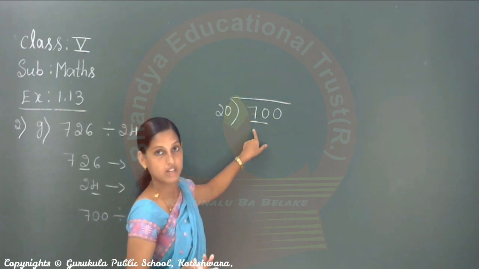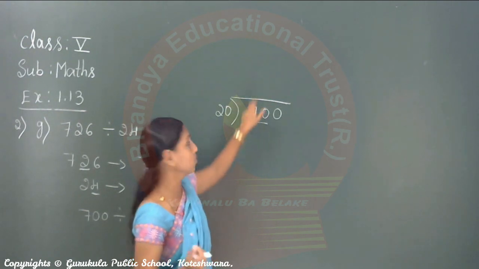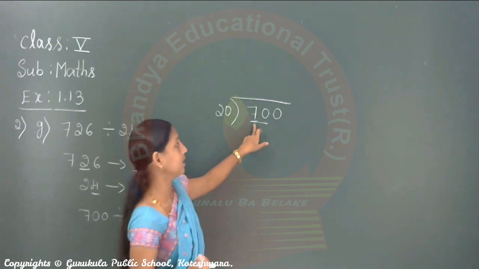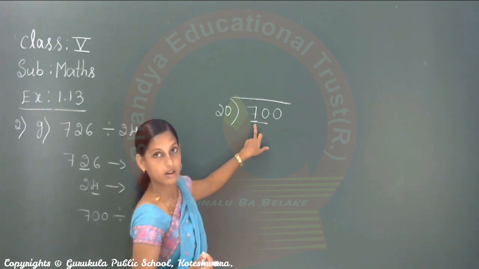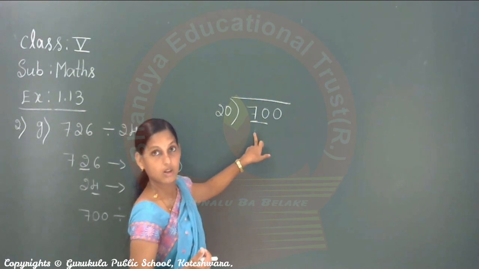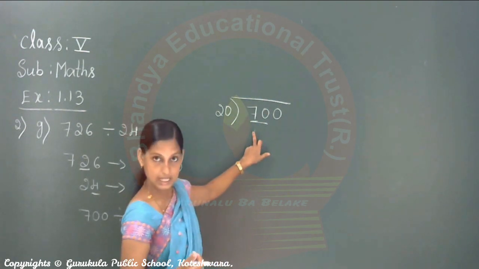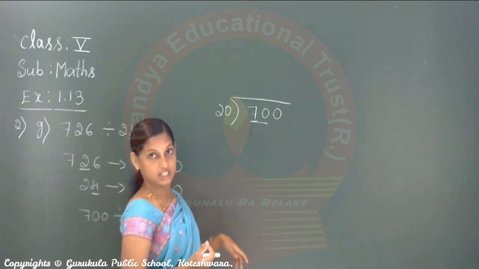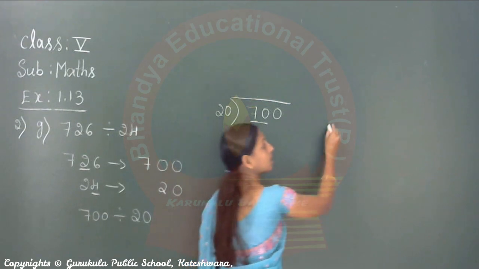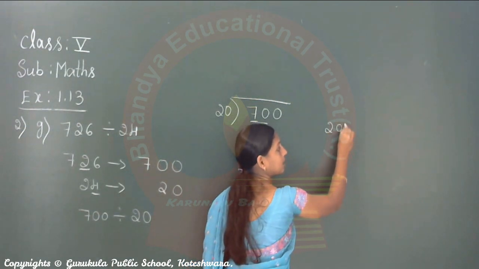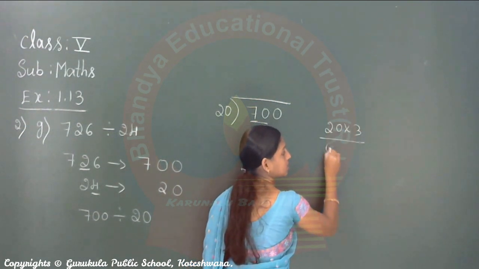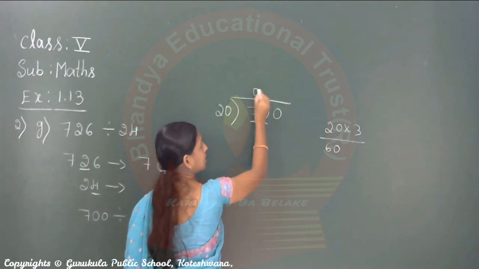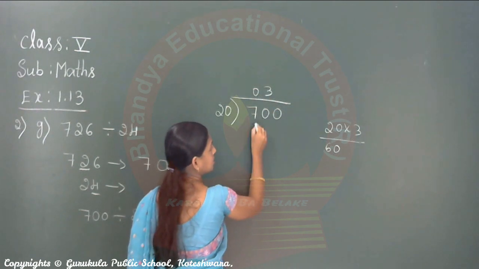There is no 7 and 2 ones are table, right? 2 3s are 6. 2 4s are 8, we cannot take. Right? 8 is more than 7. So 2 3s are 6. 23s are 60.